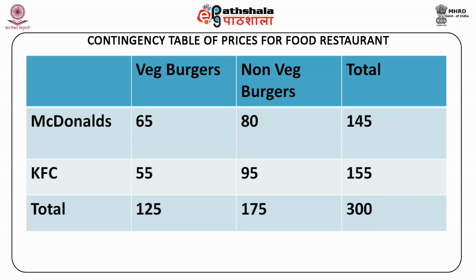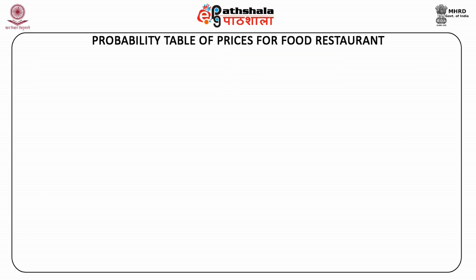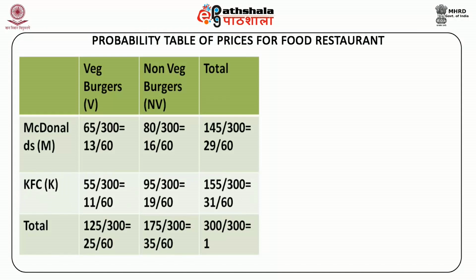Studying the table horizontally, we have the total number of burgers in McDonald's as 145 and that in KFC as 155. Thus, the total number of veg and non-veg burgers is 300. The contingency table is converted to a probability table by dividing each of the entries in the previous table by the total, 300. The results are seen in the probability table for the food restaurant shown.